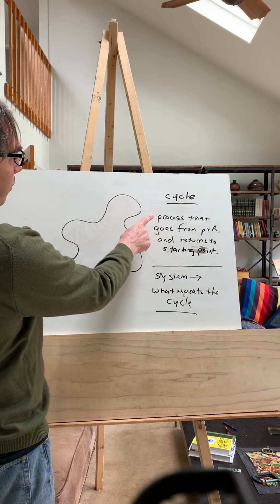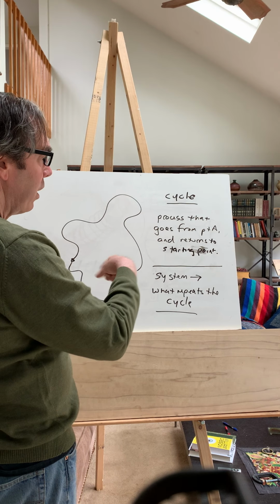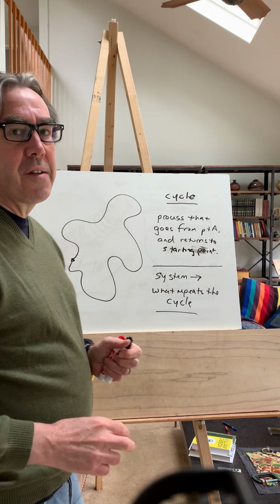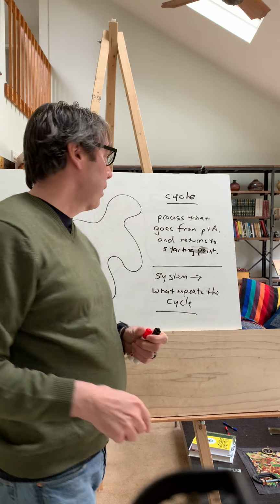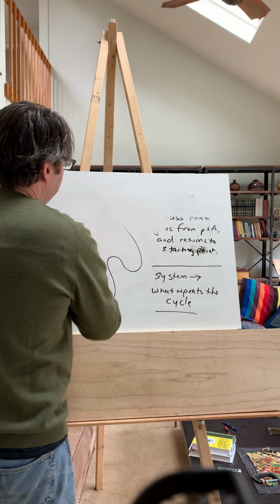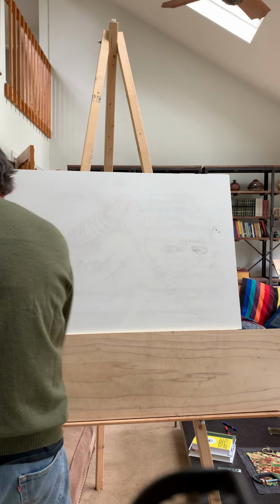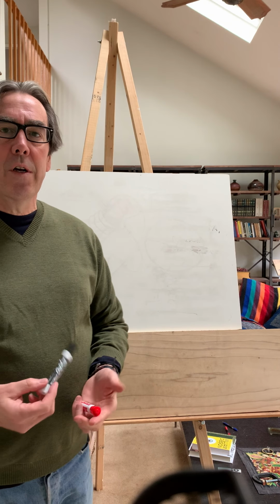So a cycle is a process that goes from a certain starting point, goes through a process, and then returns to the starting point. A system is what repeats the cycle, and you define all the things that factor into that periodic cycle. Now, let's consider an example. You have all seen children on swings, right?